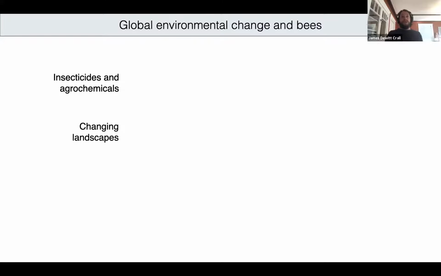In addition, we're changing landscapes in ways that change the habitat availability, nesting resources, and food resources for bees and other insects. By moving animals, and in particular pollinators, around, we're introducing novel disease risk. And of course, we are fundamentally changing the abiotic conditions on the planet through climate change in ways that we know impact pollinators and bees. So lots of different ways in which we're changing the environment.